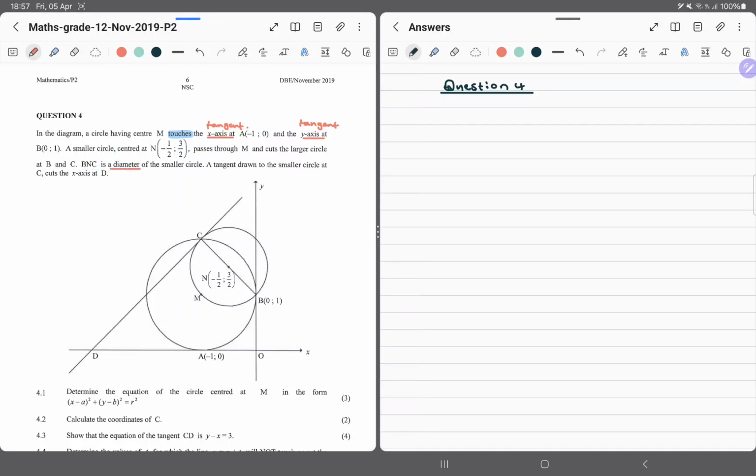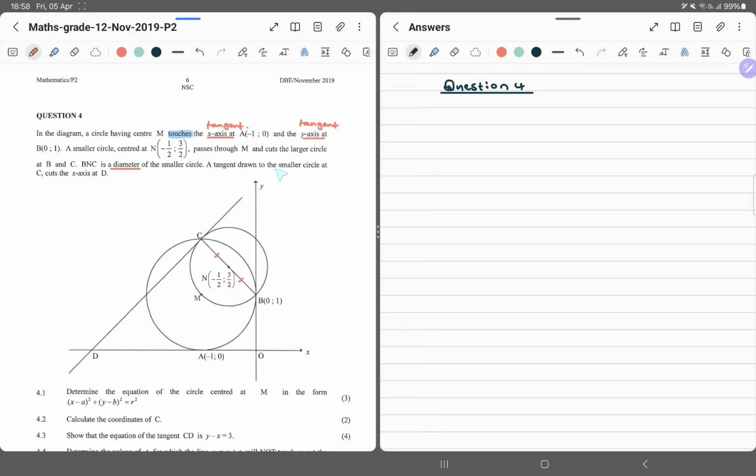So once we hear that, we know that a diameter of a circle is cut in half by the center, meaning this radius CN is going to be equal to the radius NB. And that helps us, because we know the coordinates of B, we know the coordinates of the midpoint, so we can work out the coordinates of the end of that line segment.